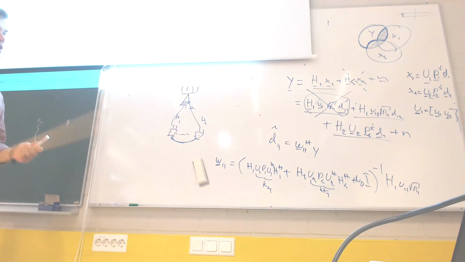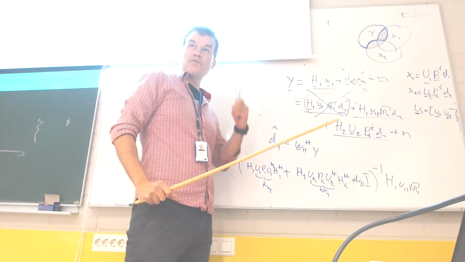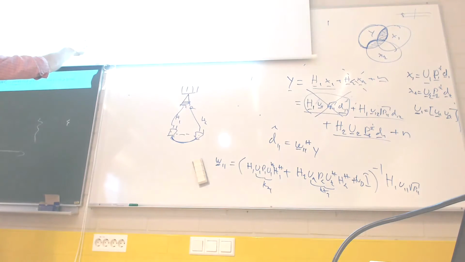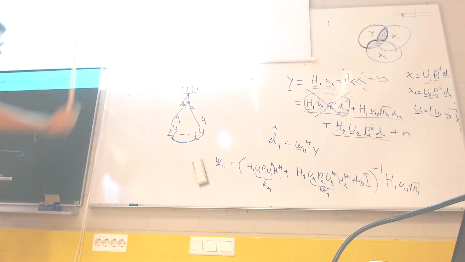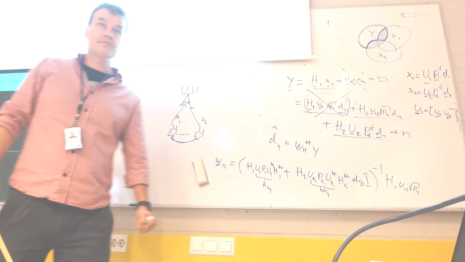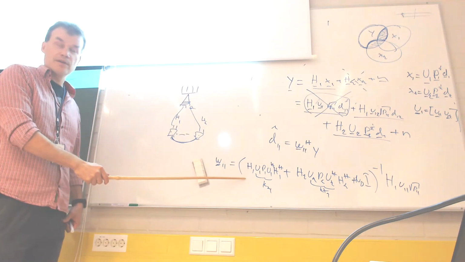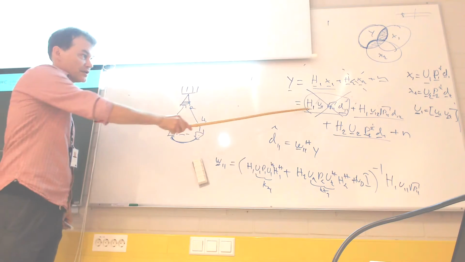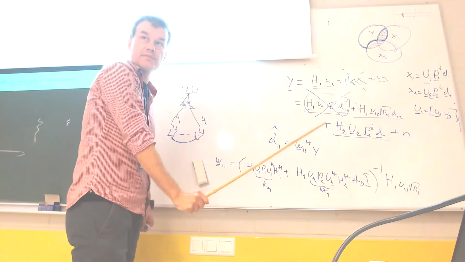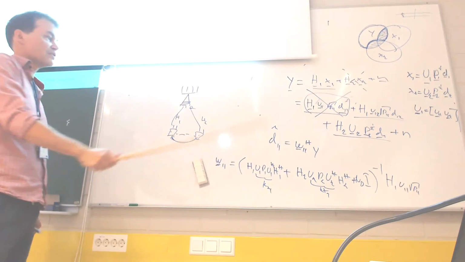And then you have an equivalent receive signal model without the first stream. Then you move to the second stream. What would be the MMSE receiver for the second stream? How would it be different from here? Just remove this and then change the index here, right? Otherwise the same. And then you get an estimate of D12.